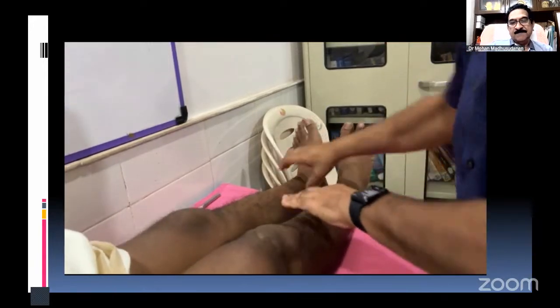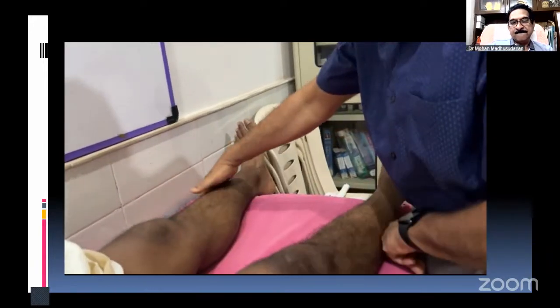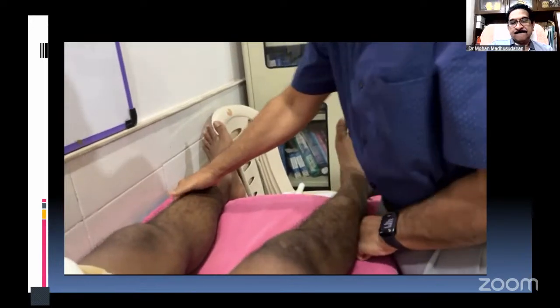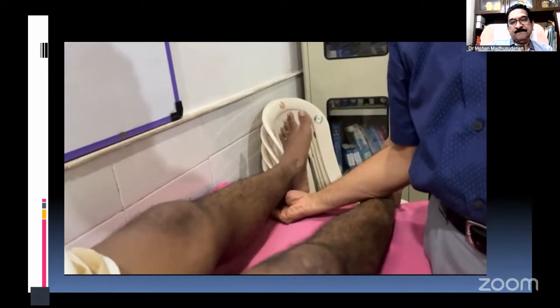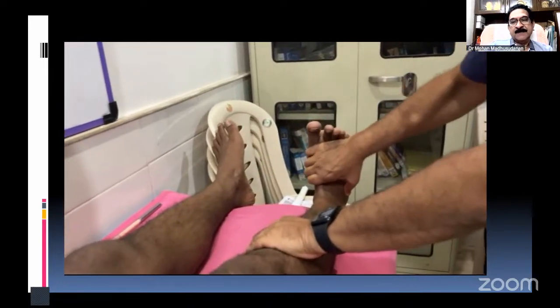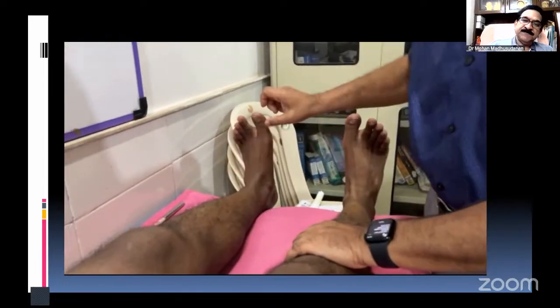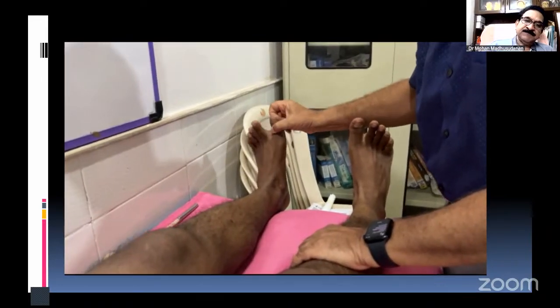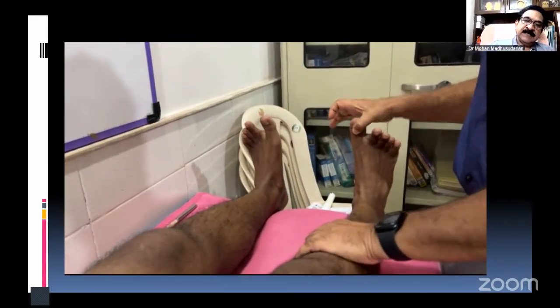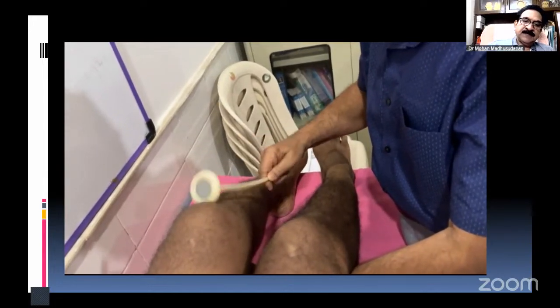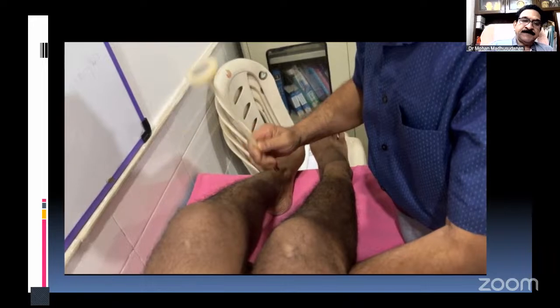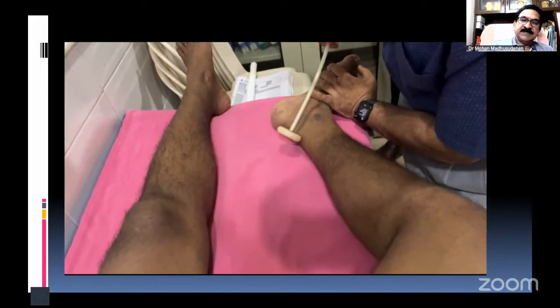Hip extension normal. The hip flexion improved. Knee extension slightly weak. The left knee jerk continued to remain absent.